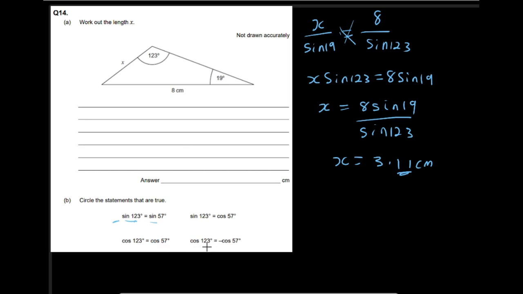Cos 123 is minus 0.544 and minus cos 57 is minus 0.544. So this and this are the correct ones. They say circle the statements that are true, so we have this and this to be true.